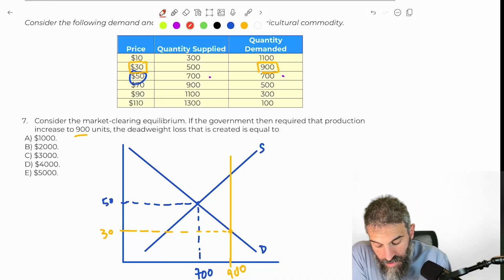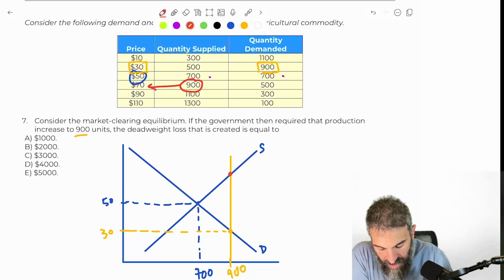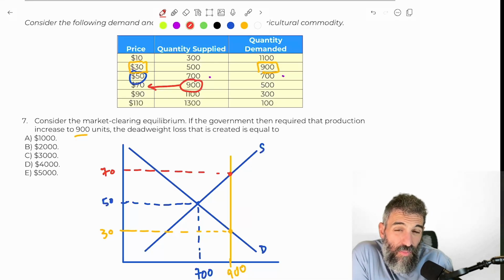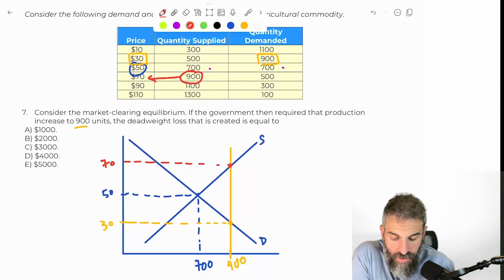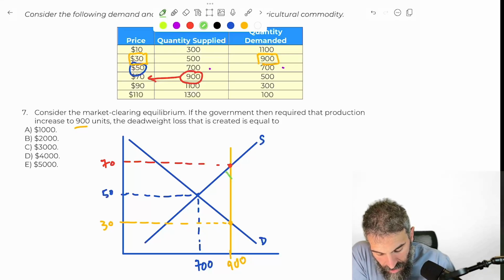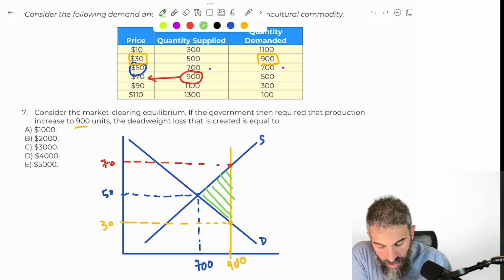The problem is the cost: if you look for it on the graph, at 900 units, the cost to the suppliers is 70. So the suppliers are forced to produce goods that they would have to sell at a loss. And this area that I'm highlighting in green would represent the deadweight loss.